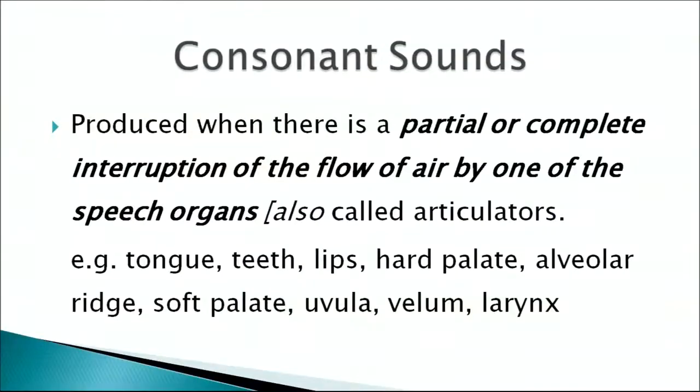So if you want to produce a consonant sound, you will see that when the air that is pressed from the lungs and passes through the vocal tract reaches the oral tract, there is some obstruction, there is some stoppage by the tongue or the teeth or the lips, the hard palate, alveolar ridge, soft palate, uvula, velum and the larynx.